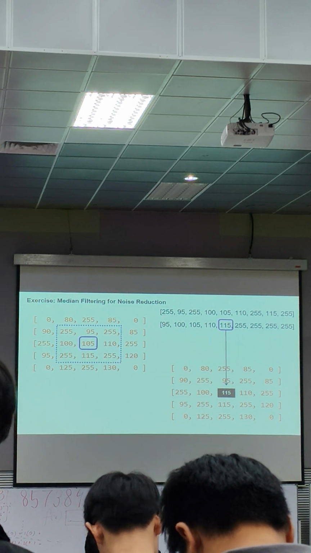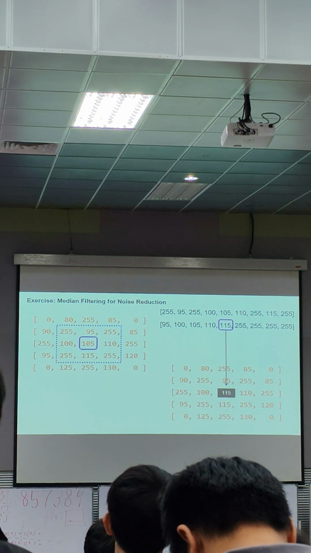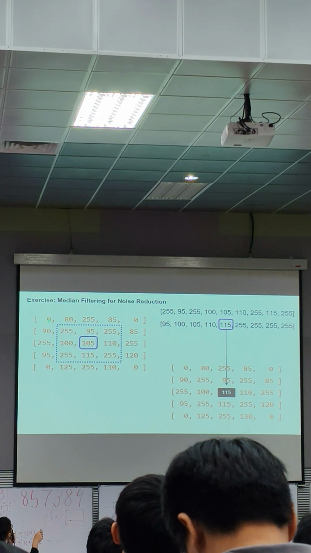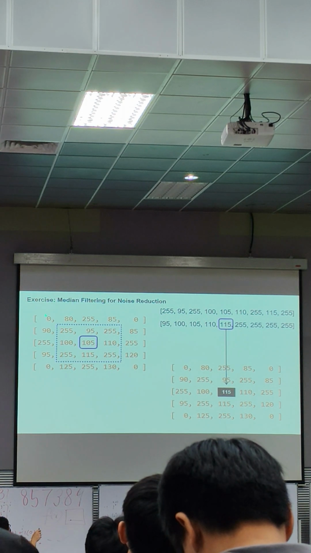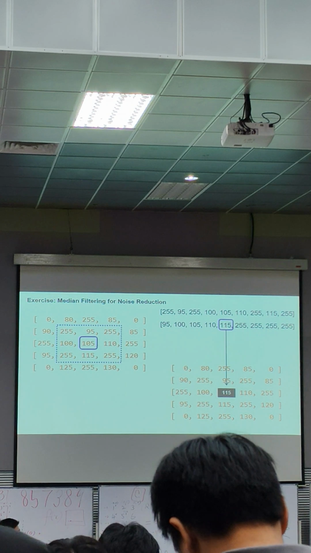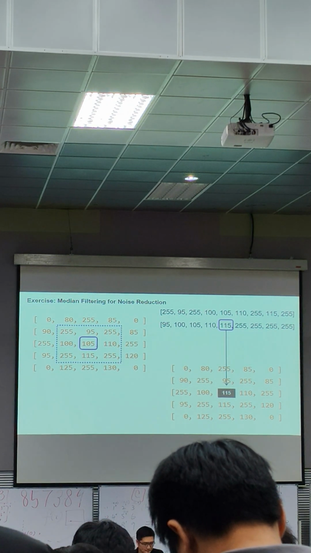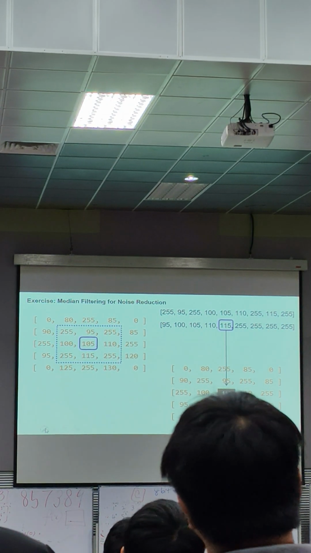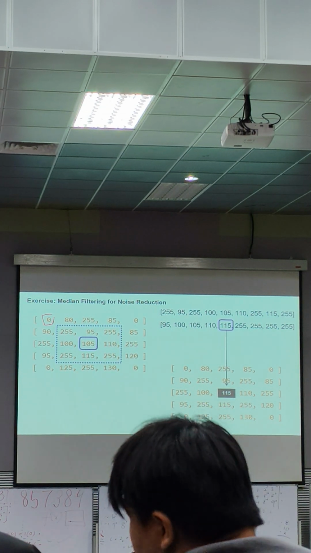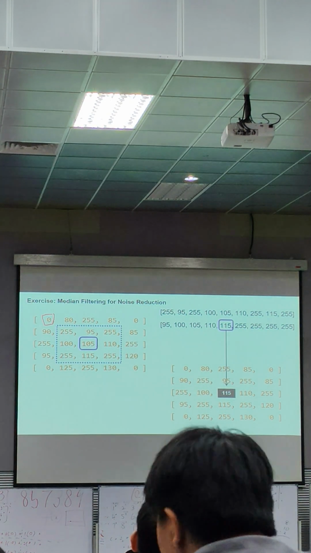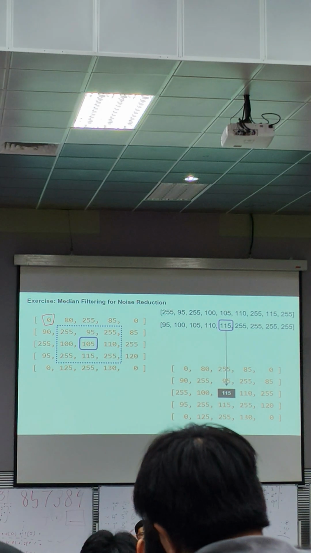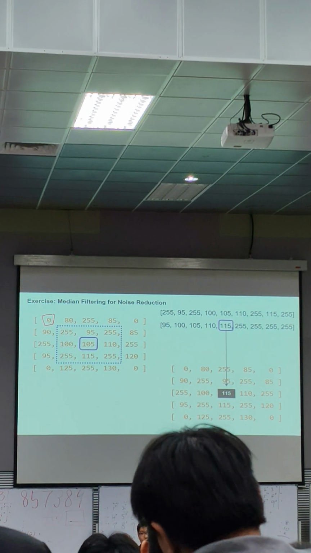Let us calculate the pixel value for 0, 0. So I put my anchor point here, take 3 times 3. We need to understand that our median filter has no kernel weights, they are all one.